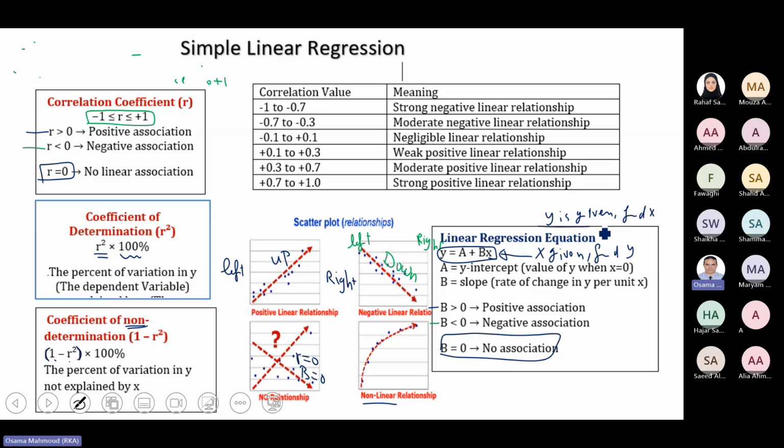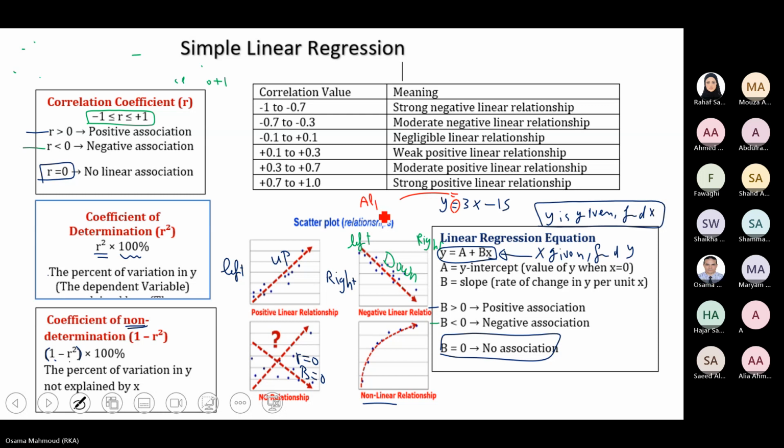You can find this using your calculator, right? Say your linear regression equation was y equal to 3x minus 50. You can write this down using your calculator, but here, don't use the black equal. You use a red equal. How to write the red equal?